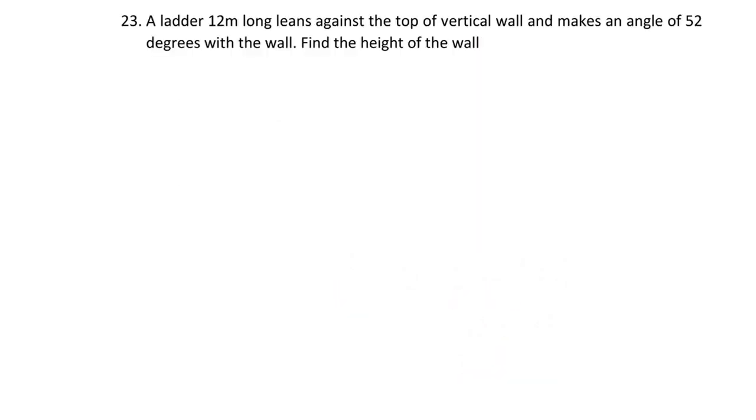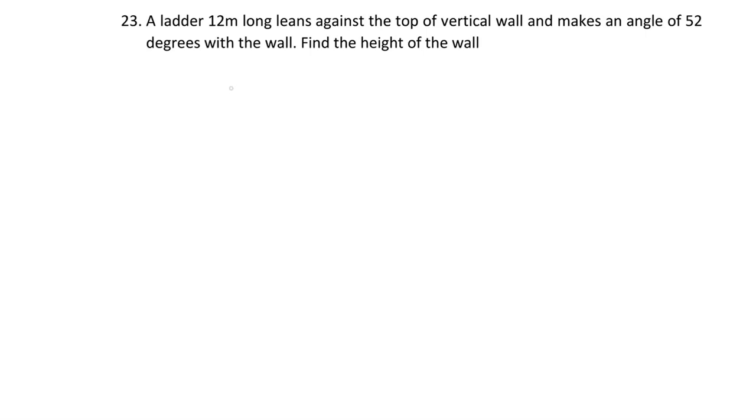Question number 23. A ladder 12 meters long leans against the top of a vertical wall and makes an angle of 52 degrees with the wall. Find the height of the wall. Okay, so for this one, let us consider the following sketch of the problem.